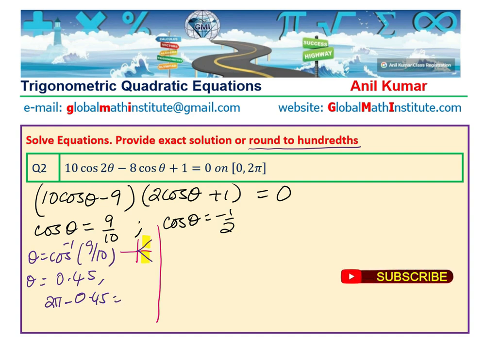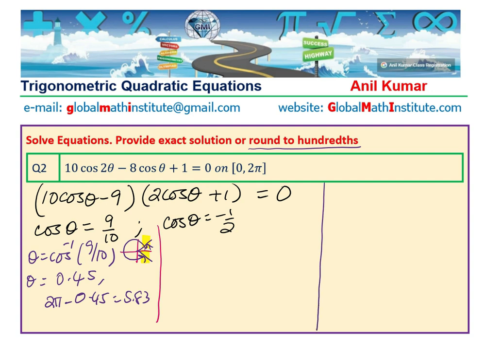So let's do that. Minus, and we get 5.83, right? So two different values, which are 0.45 and 5.83, are the solutions, right?